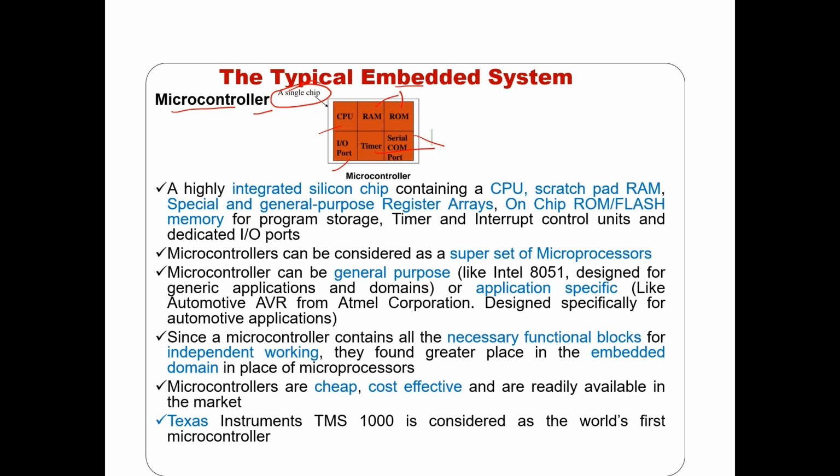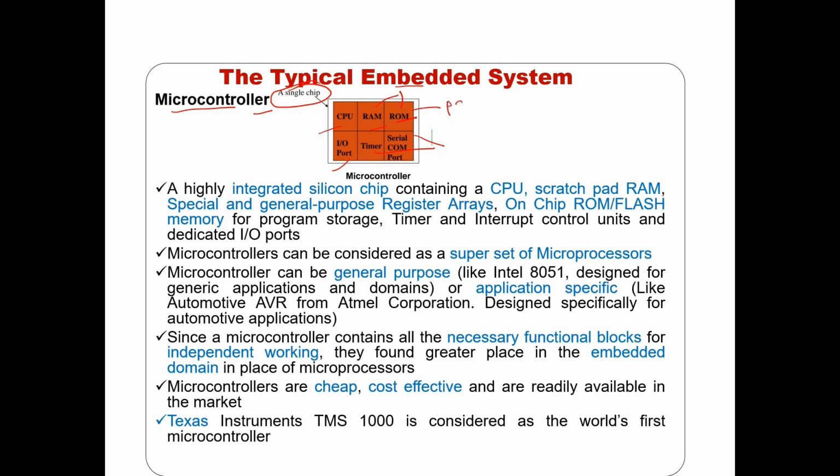So now let us look into microcontroller based embedded systems, how they look. A highly integrated silicon chip. It consists of a CPU, a scratch pad, that is RAM, a special purpose RAM, and a special and general purpose registers array. Then on-chip ROM, or sometimes flash memory, for the storage of programs.